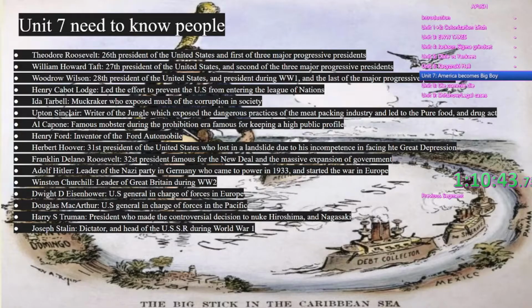You should know some progressive activists such as Edith Tarbell and Upton Sinclair. Pretty much know these foreign leaders, especially during World War II. Know Dwight D. Eisenhower and Douglas MacArthur.